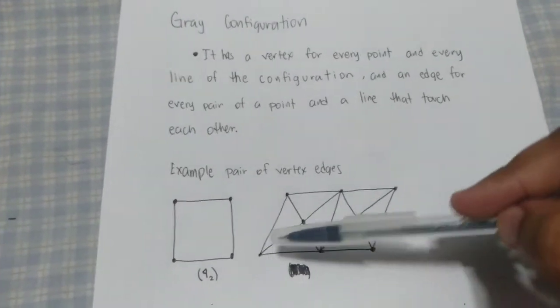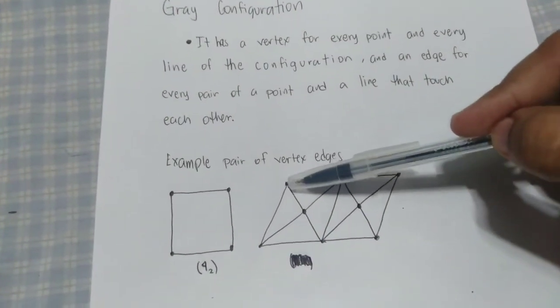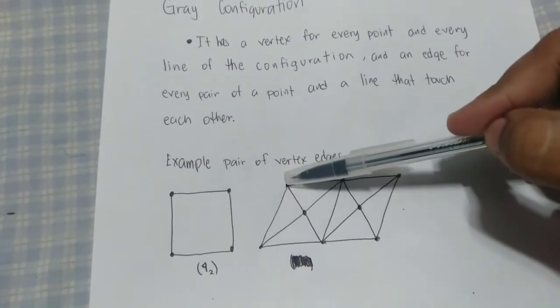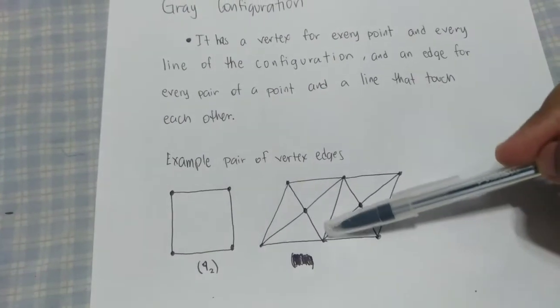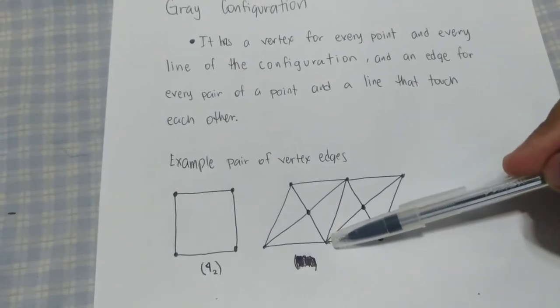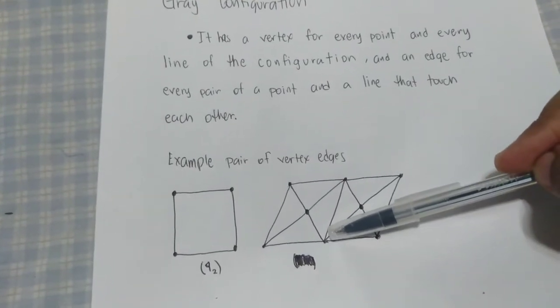So like this. The other example is this vertex to this middle vertex, and this vertex to this middle side vertex.